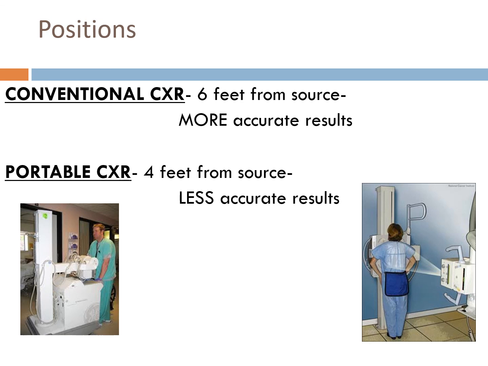You have the camera to the back of the patient, and the film is on the front side. Magnification effect is minimized at 6 feet, with more accurate results and less distortion. At 4 feet you have less accurate results.